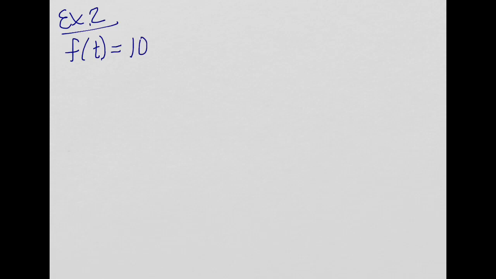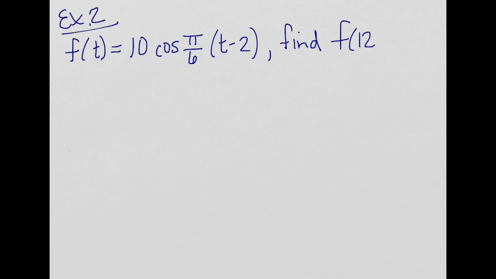If I give you an equation like this, 10 times cosine of pi over 6 times t minus 2, okay? And then I tell you I want you to find when t is 12, I have f of 12.